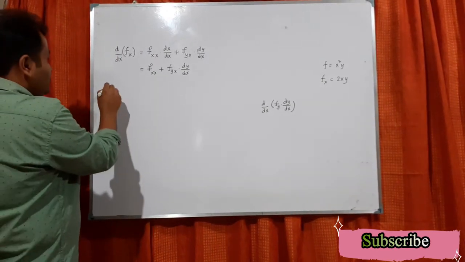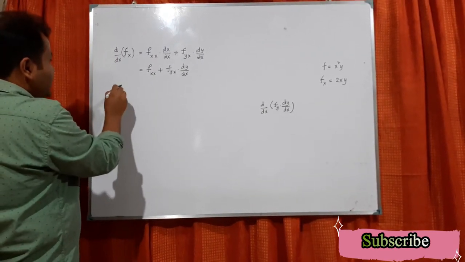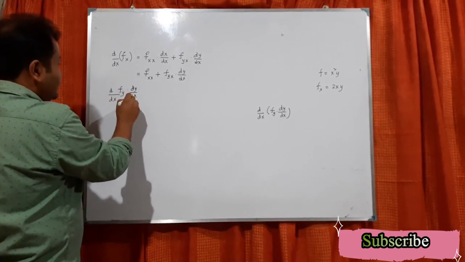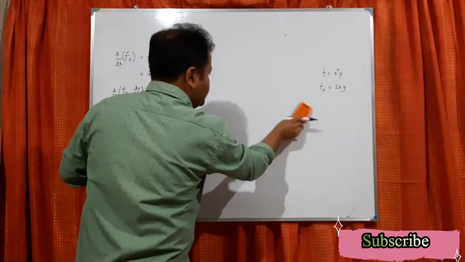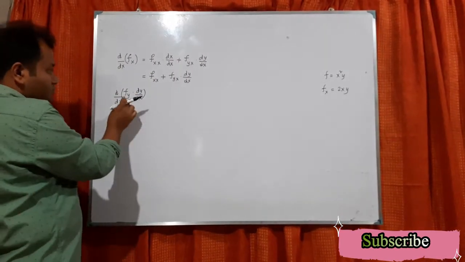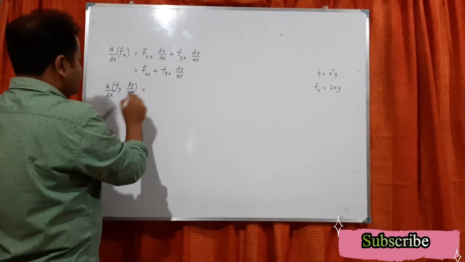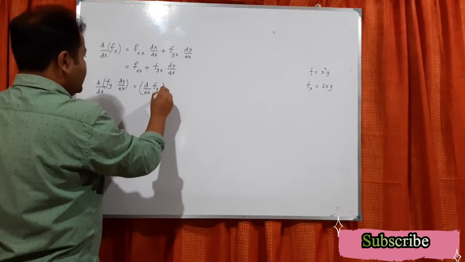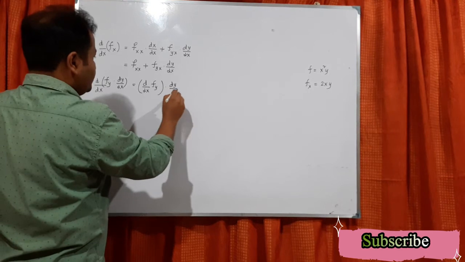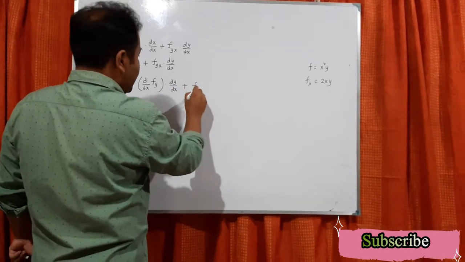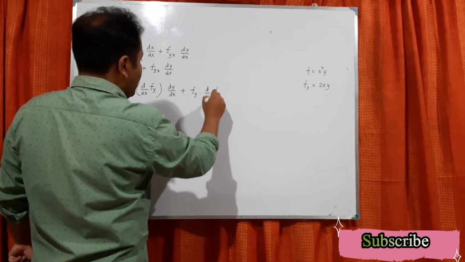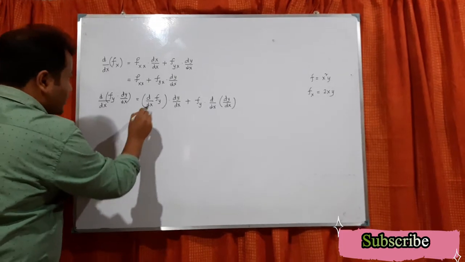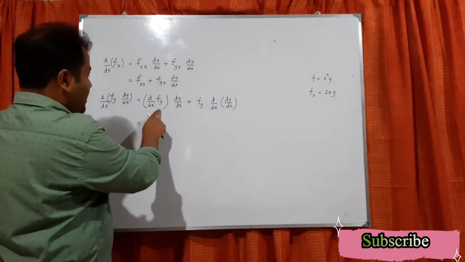Then the next one, d/dx of fy into dy/dx. Now we take the u and v form. So basically this is d/dx of fy, with dy/dx as constant, plus fy as constant, d/dx of dy/dx. Now look into the first one.